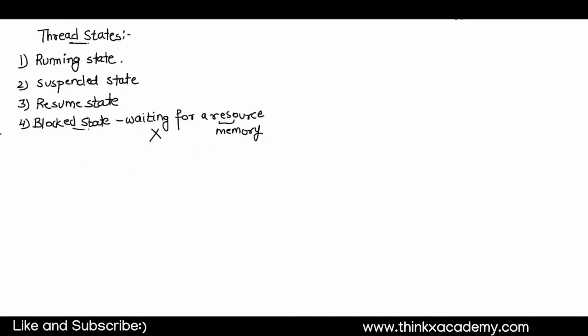So now we're going to discuss another technical term, which is thread priorities. The reason we are discussing these terms is because we are going to use them in the program.